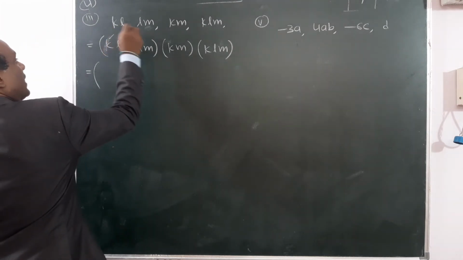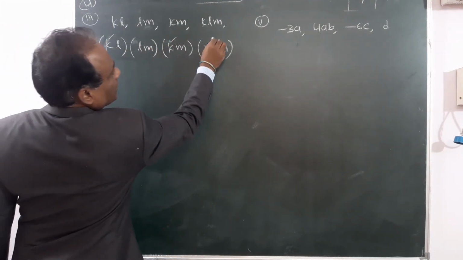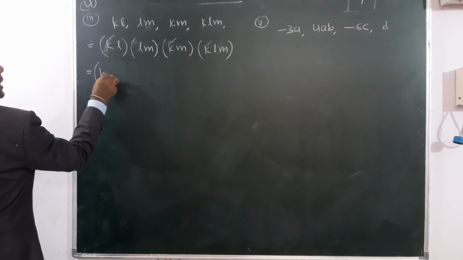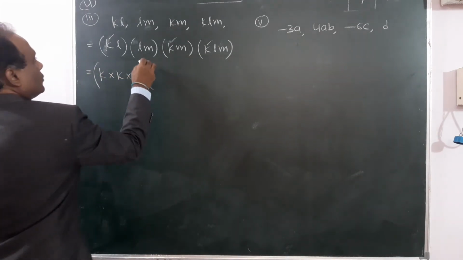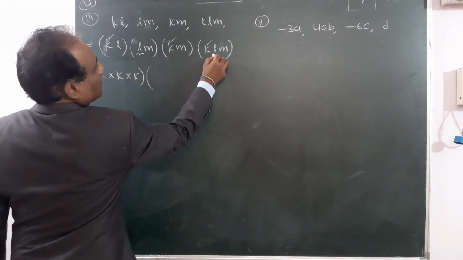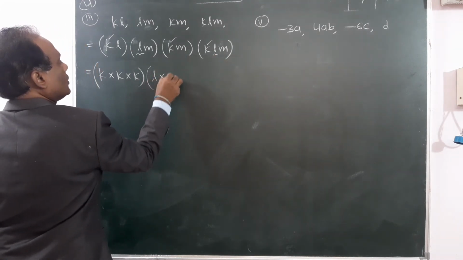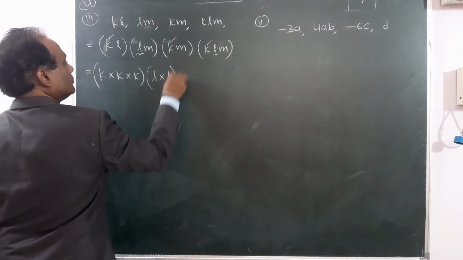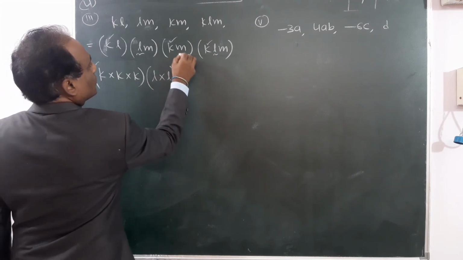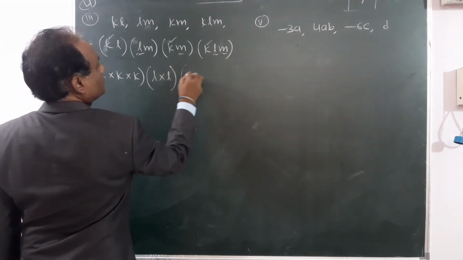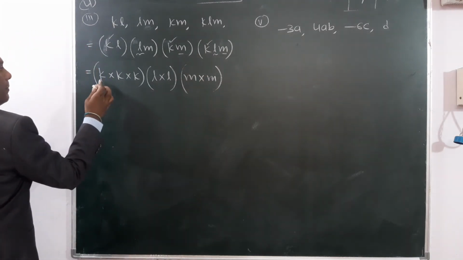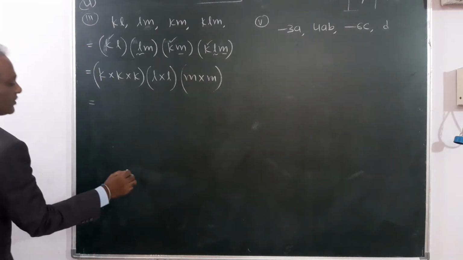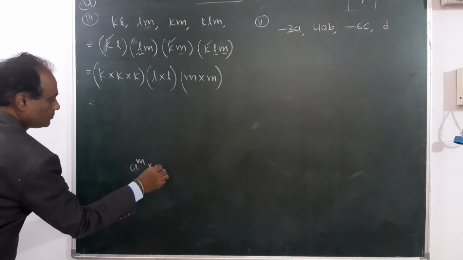So first K factors: 1, 2, 3. K into K into K, I will write in this bracket. Next, L into L. Next, M, M. Bases are same, in multiplication powers are added.